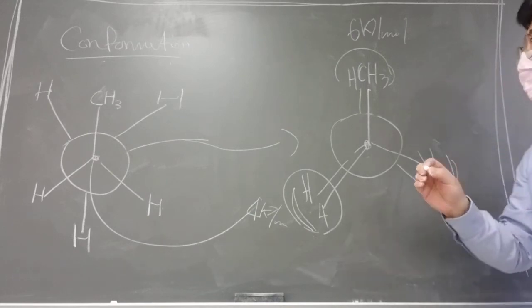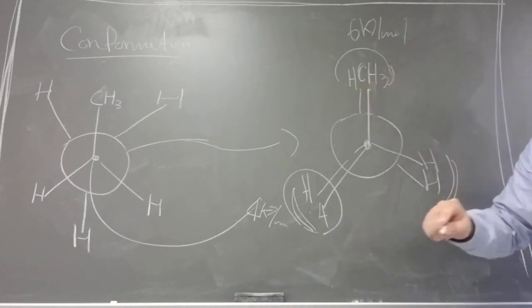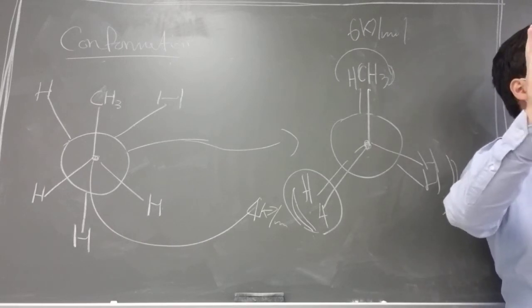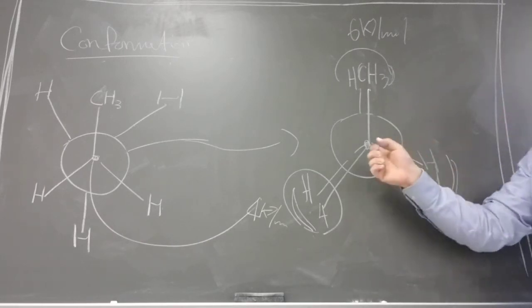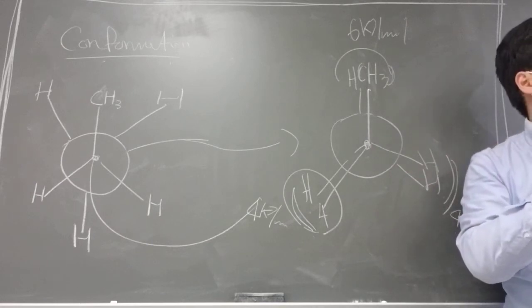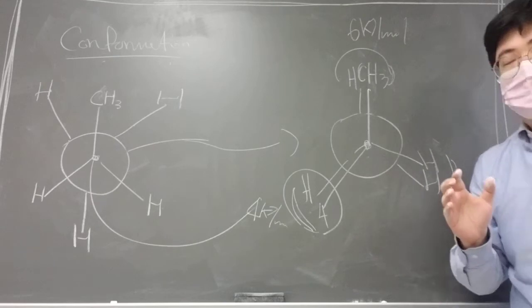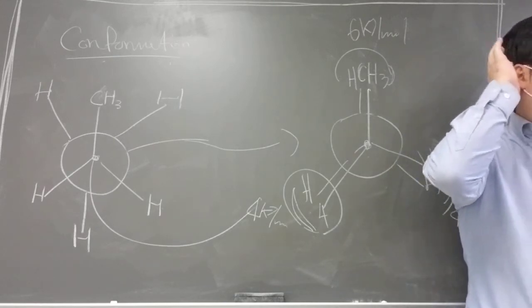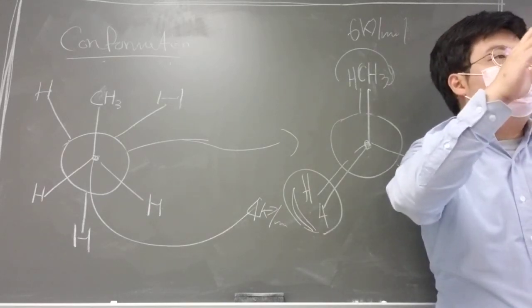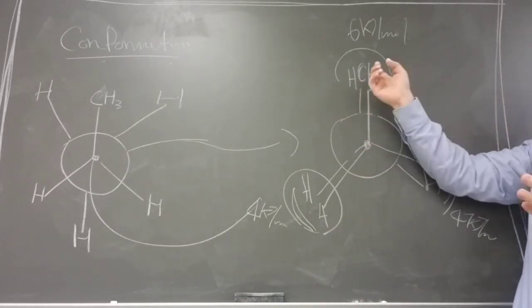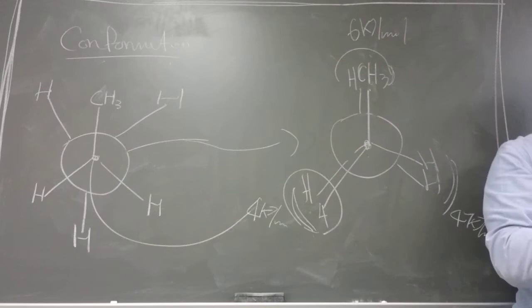It's much bigger in size than hydrogen. So if that group on this carbon is bulkier, it makes a stronger steric hindrance because of the size. And if you think about the electrons around each of those atoms, this carbon is bigger than hydrogen and also has three other hydrogens on it.